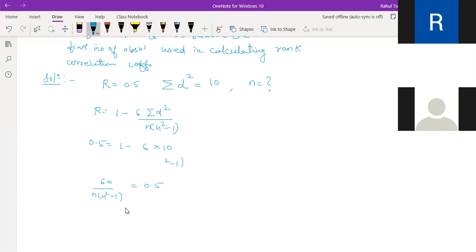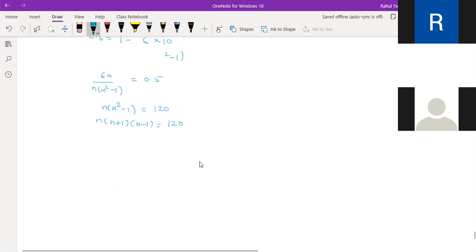So simplifying, n square minus 1 is equal to 120. When you do the factorization, this can be written as n plus 1, n minus 1, right? So n plus 1 times n minus 1 is equal to 120. So what is the value of n such that it turns out to be 120? How do you get this?